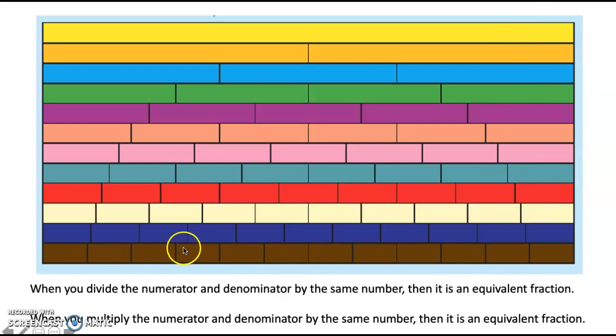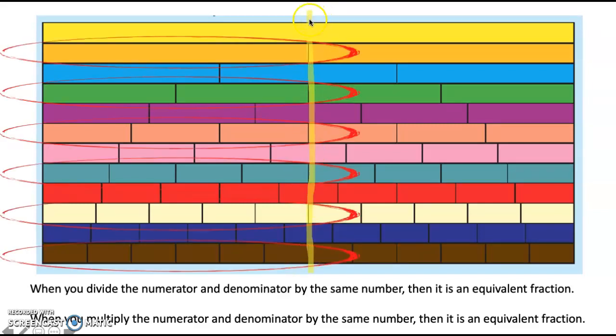So this one's 12, 11, 10, 9, 8, 7, 6, 5, 4, 3, 2, 1. That's how many parts they're all divided by. And this line right here is the half mark. So this is where the strips would be in 1/2. So we can see the different strips that are divided into certain numbers where parts of it would be equivalent to 1/2.